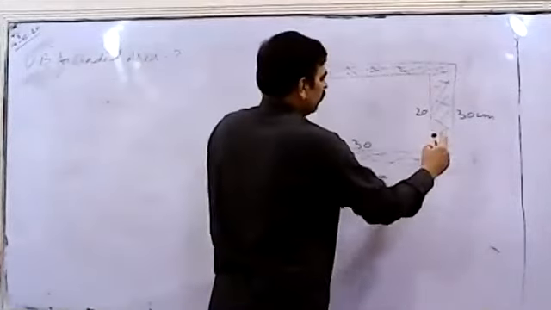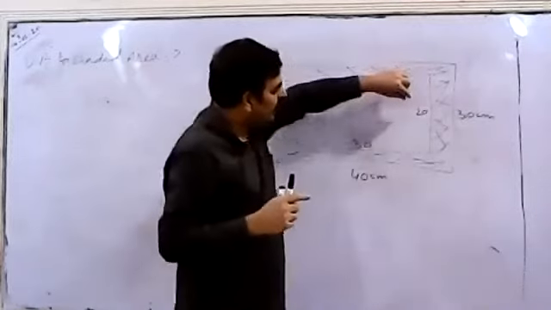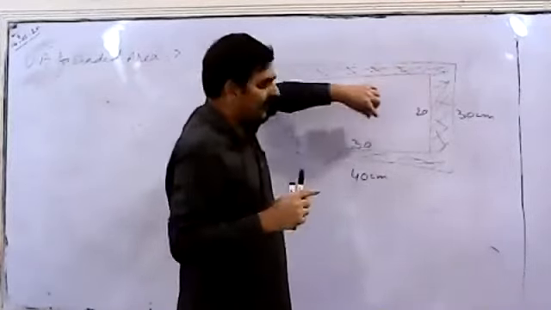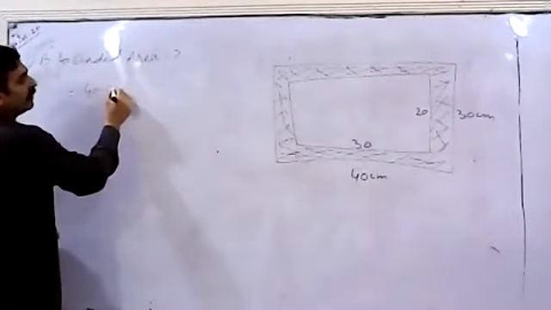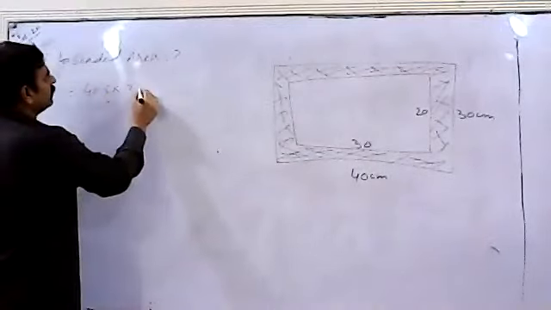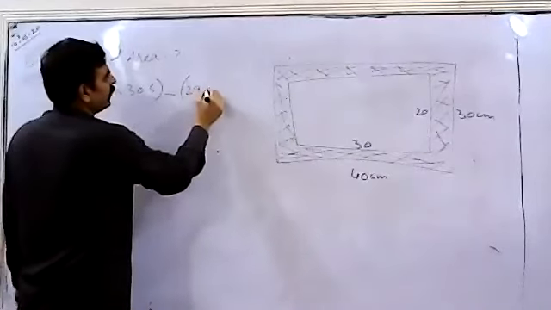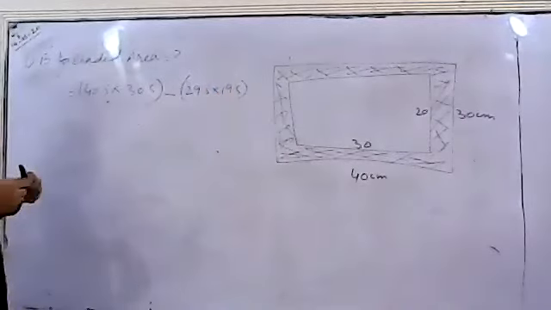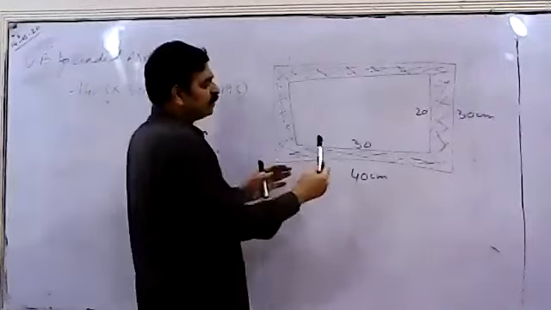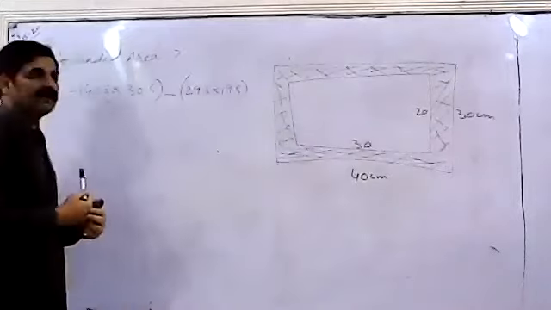For the upper bound, we use the upper bound for 40 and 30, and the lower bound for 30 and 20. So it becomes 40.5 multiplied by 30.5 minus 29.5 multiplied by 19.5. Keep it in mind, if the upper bound is required, we will use the upper bound for the external values and the lower bound for the internal values.